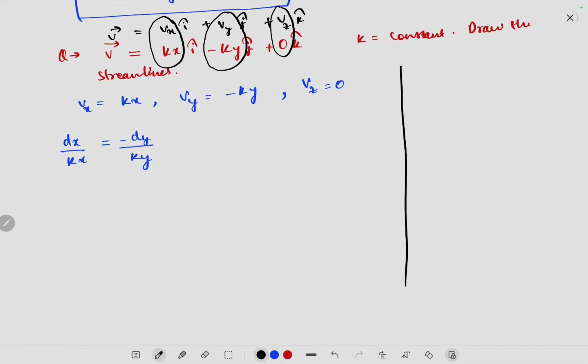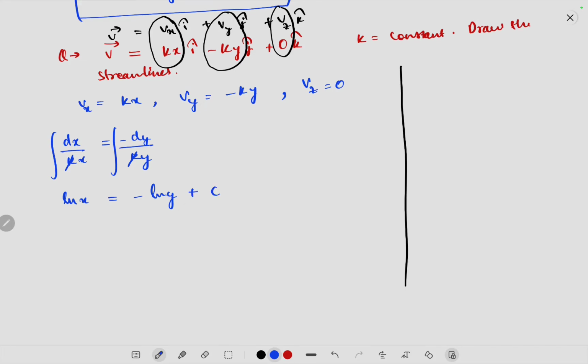Okay, so now how will you solve this? K gets cancelled out with k, then I will just integrate both sides, and this will become ln of x, this will become minus ln y plus some constant c.